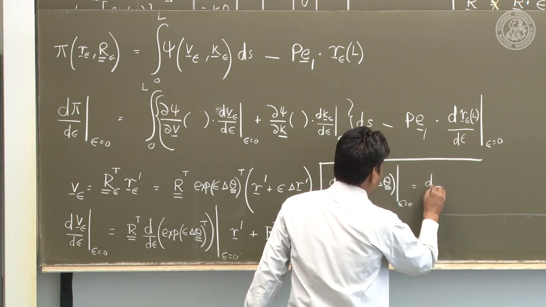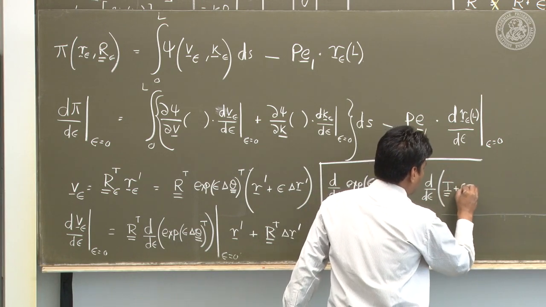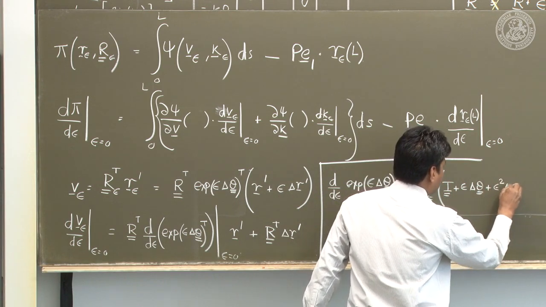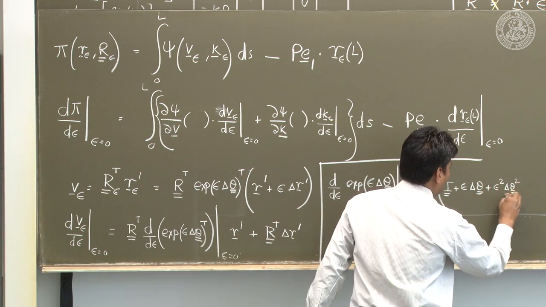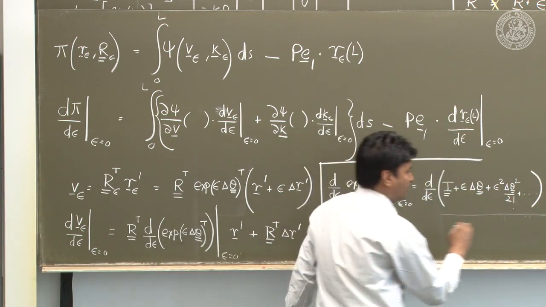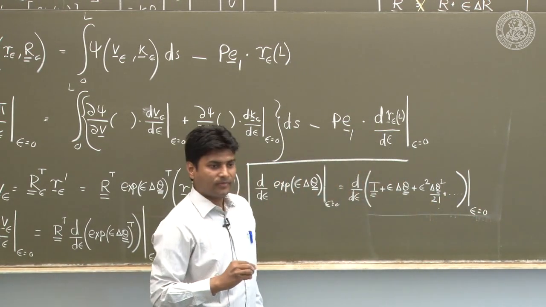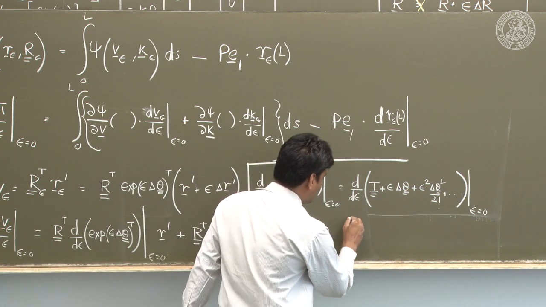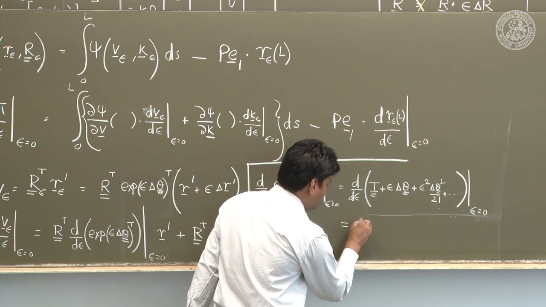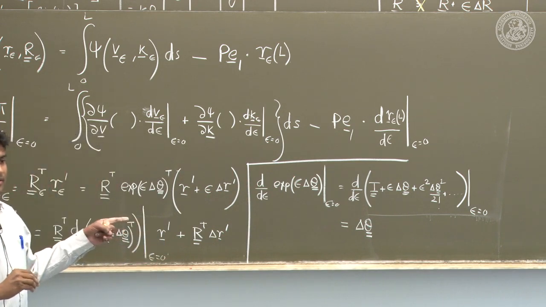So this is simply d by d epsilon of identity plus epsilon delta theta plus epsilon square delta theta square over 2 factorial plus and so on, and then you evaluate it at epsilon equal to 0. So what do you think? What are you going to get? This is simply delta theta, right?